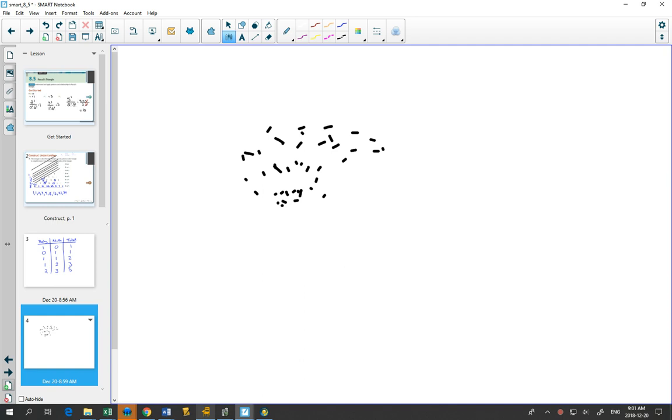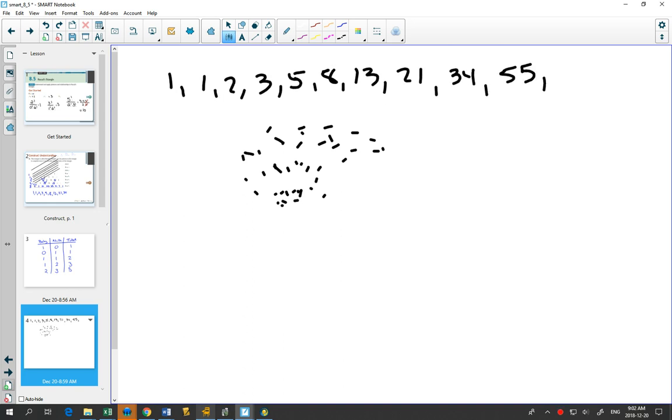And as you go up with your Fibonacci numbers, and you divide them, right? 2 divided by 1 is 2, 3 divided by 2 is 1.5, 1.6, 1.625, 13 divided by 8. 21 divided by 13 is 1.615, and they start to approach this number.